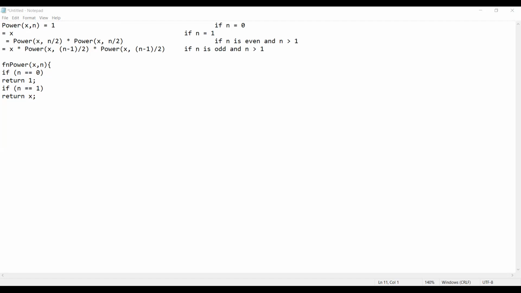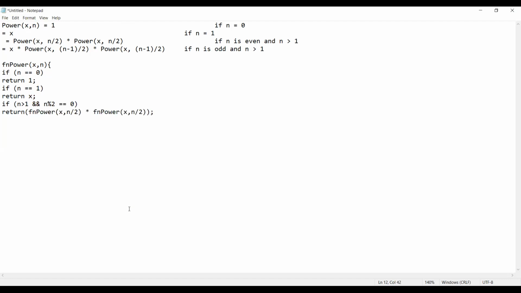According to the rule, we use the if conditional block, and if two conditions are satisfied simultaneously, then it will return fn power(x, n/2) into fn power(x, n/2). So this is one recursive call.